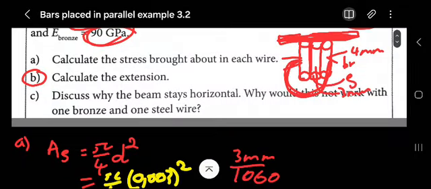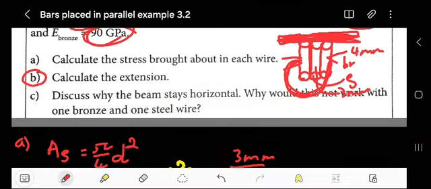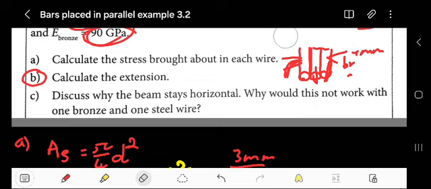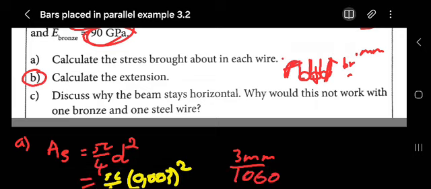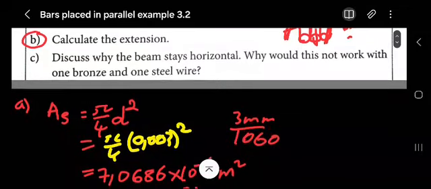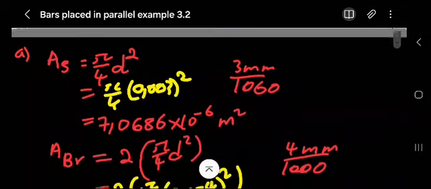Discuss why the beam stays horizontal. Why would this not work with one bronze and one steel? Okay, it's fine that way. Why will this not work with one bronze and one steel?